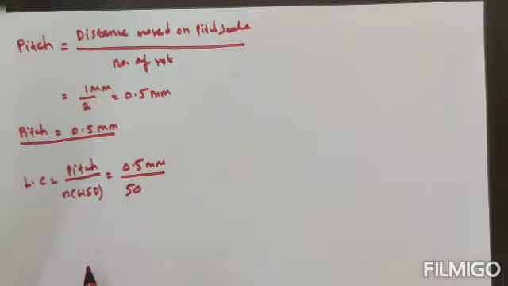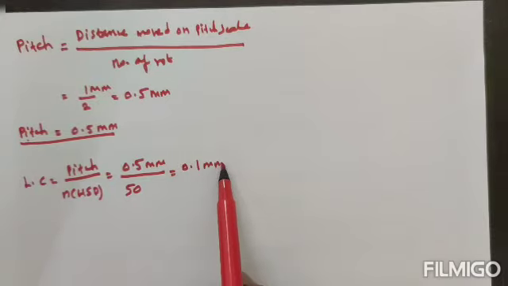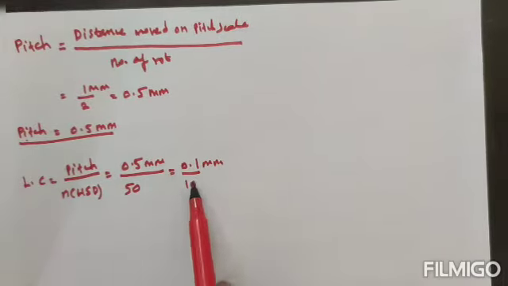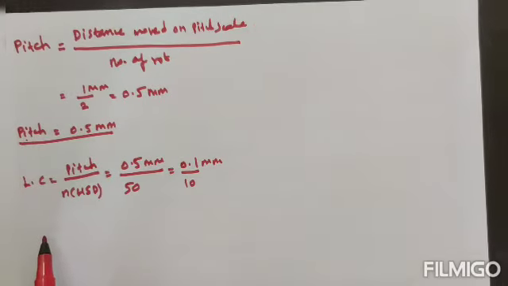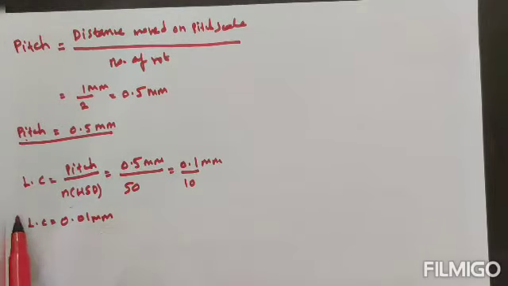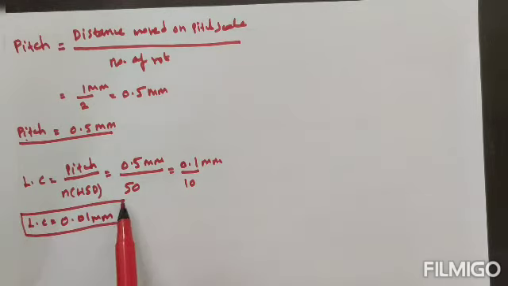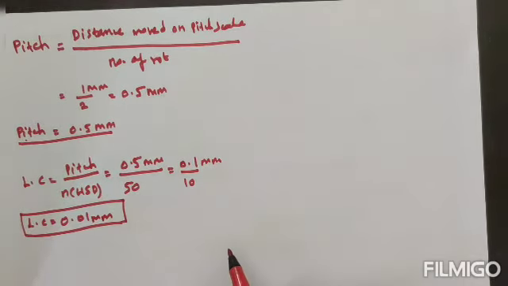So 0.5 divided by 50, we can write as 0.1 divided by 10, which is 0.01. So the least count of the given screw gauge is 0.01 millimeter.